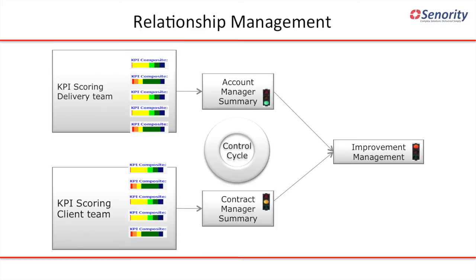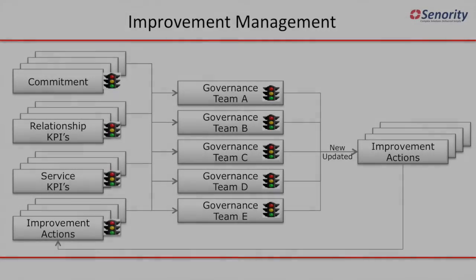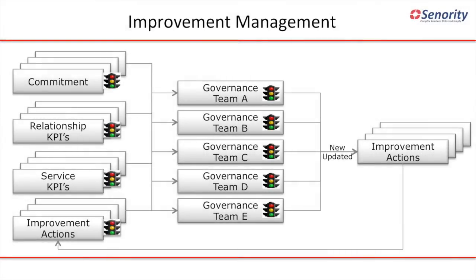And again, these KPI scores, and especially the reason for poor scores, can be evaluated in order to define and execute improvement management actions. The improvement management process works in a similar way to the contract management process.